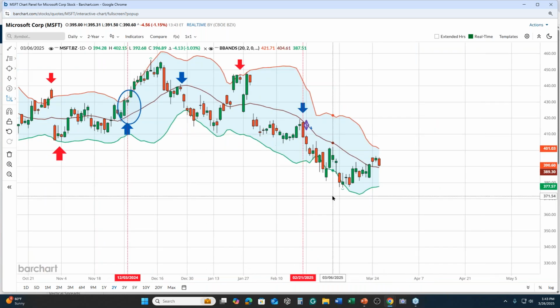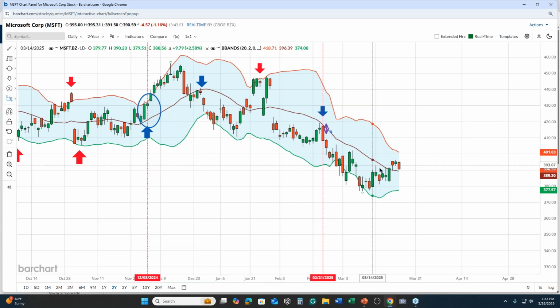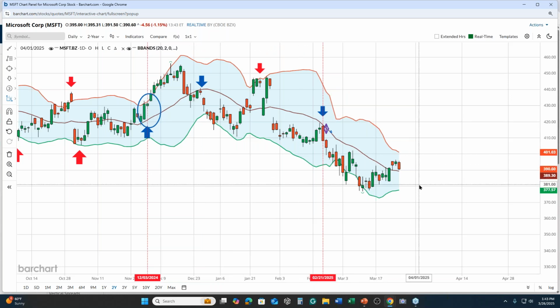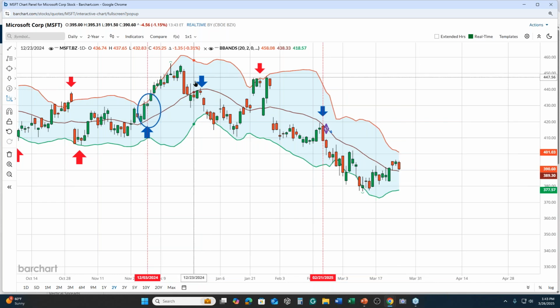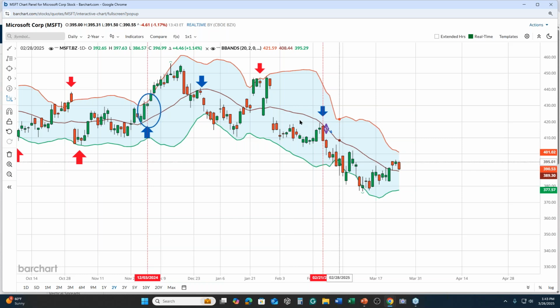We have a defined down sloping moving average telling us that we're in a downtrend. Our Bollinger Bands have gone from narrowing to widening, but price is continuing to stay below our Bollinger Band. That is a good sign for our trend following systems.